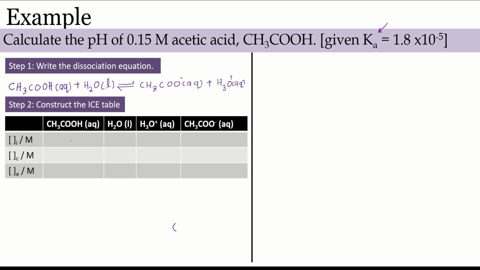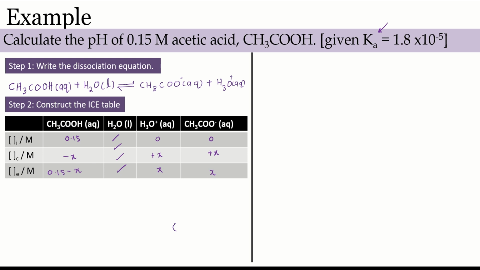Okay, so dalam ice table, initial dia adalah 0.15. Ini tiada. Ini adalah kosong. Ini adalah kosong. Ini akan berkurang sebanyak X, ini akan bertambah sebanyak X, ini akan bertambah sebanyak X. So this one will be 0.15 minus X, ini adalah X, ini adalah X.